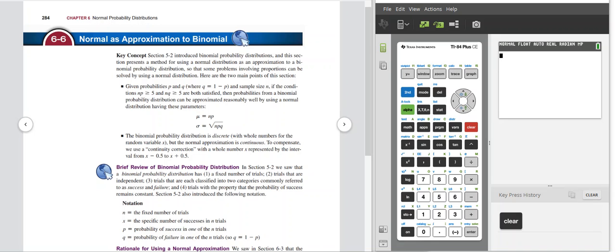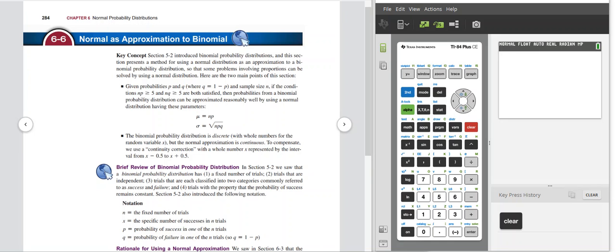And that's kind of what we like to do in statistics. We find out that the normal distribution, which is continuous, is a pretty good approximator in a lot of situations, and that's what these examples are about. It's taking a discrete distribution, a binomial, and coming up with probabilities for that binomial situation by using the normal distribution.